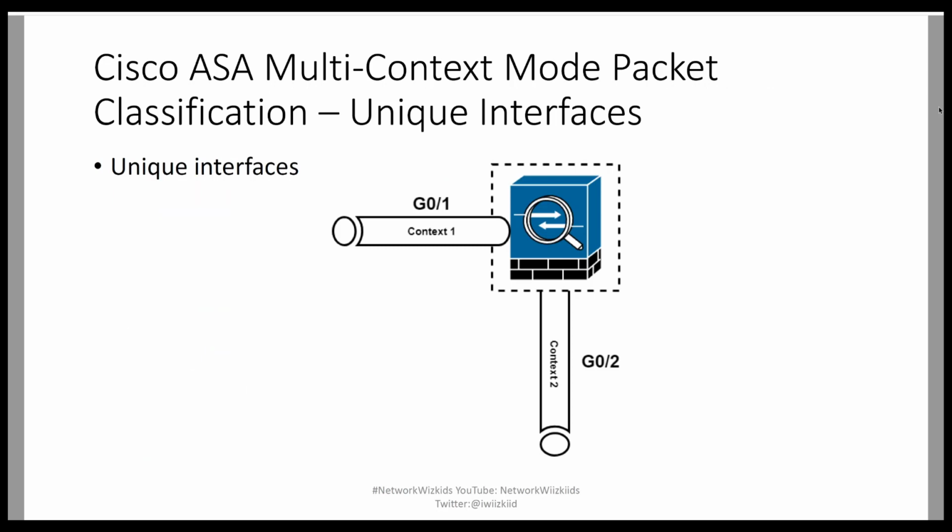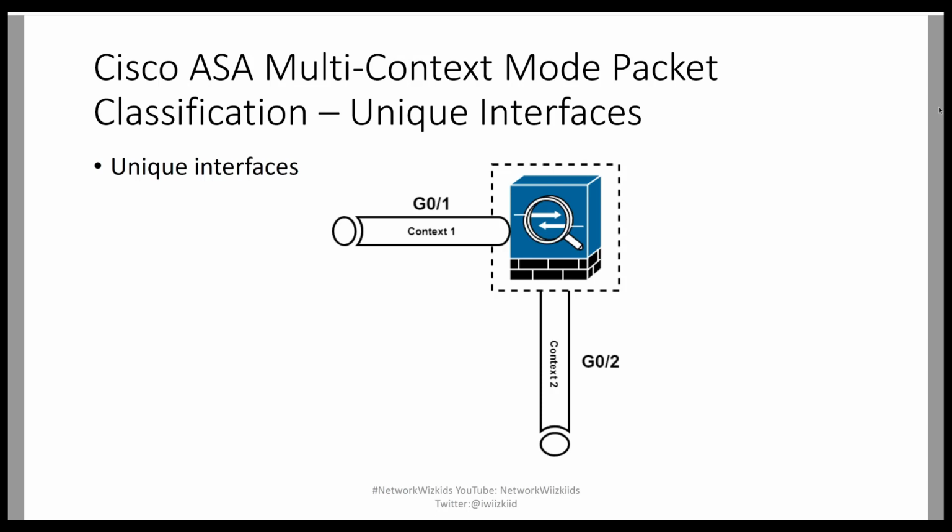Just taking a look at multi-context in more detail. Multi-context mode needs to classify packets. So there's something called packet classification. How does the ASA know where to send packets if you are using a certain interface or interface type?